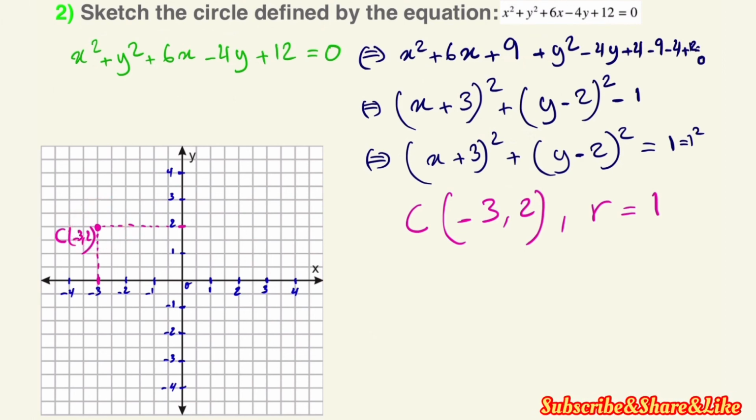Let's try to write it down. So it will be just something like this, going from here and going to here. This is the circle we have here.